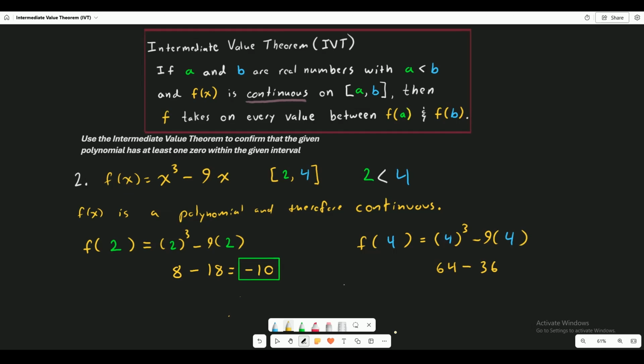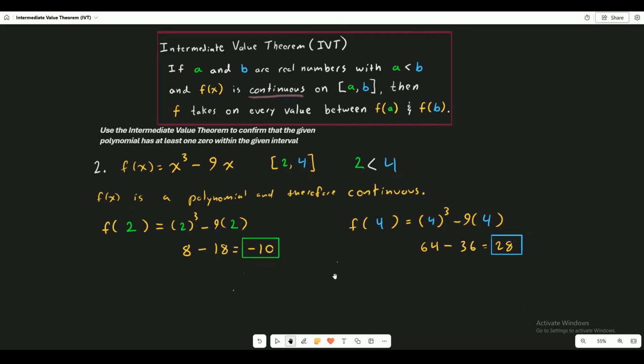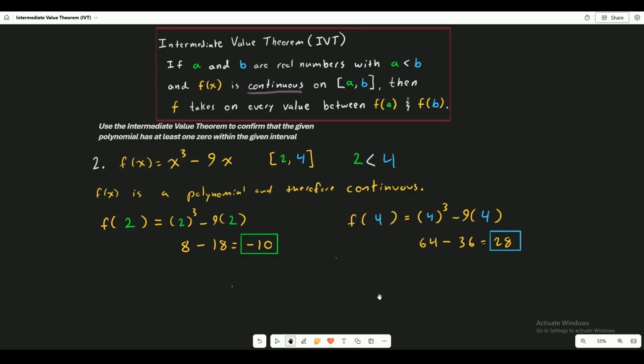Okay, cool. So now we have 64 minus 36, and we get 28. So now, did we go from negative to positive? Yes, we did. We went from negative 10 to 28.